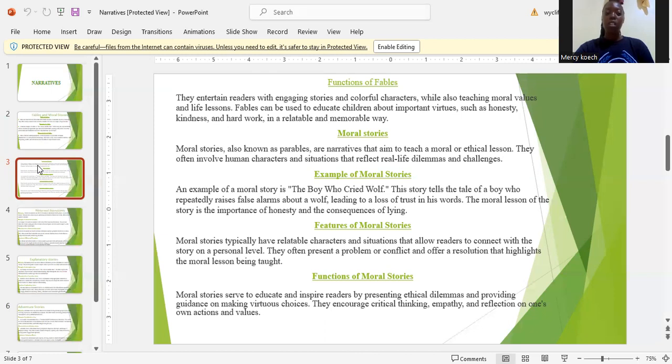Functions of moral stories. Moral stories serve to educate and inspire readers by presenting ethical dilemmas and providing guidance on making virtuous choices. They encourage critical thinking, empathy, and reflection on one's own actions and values.